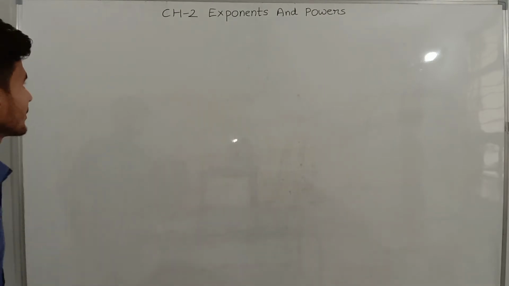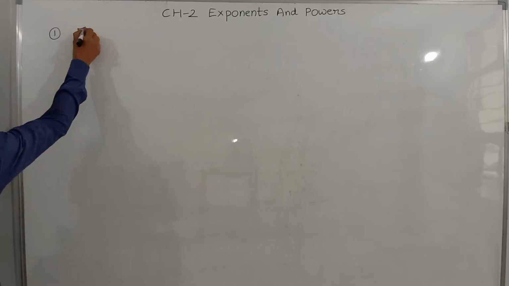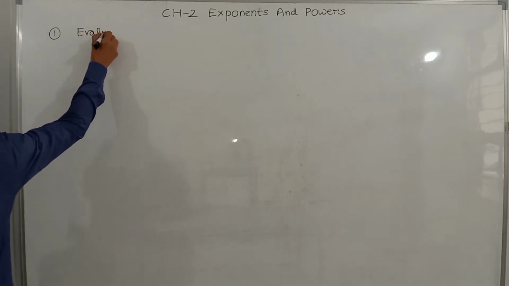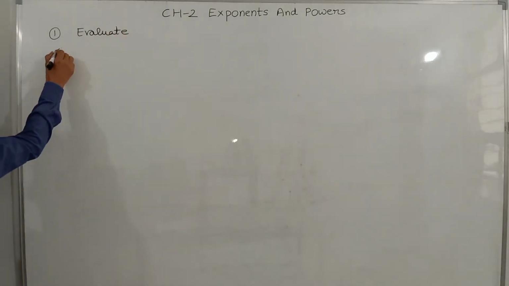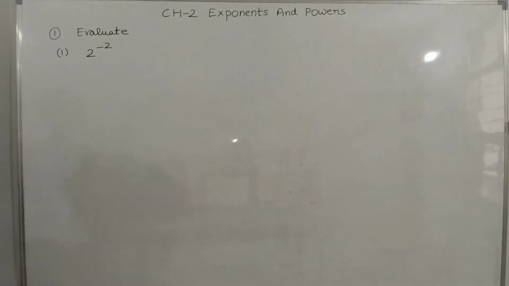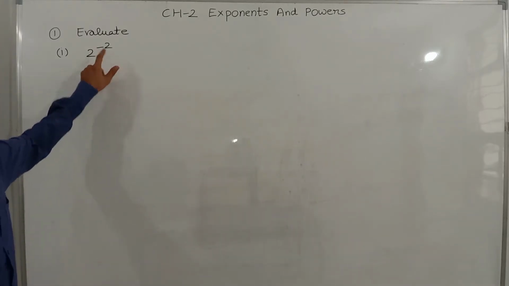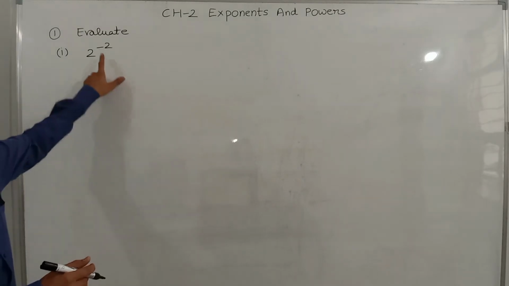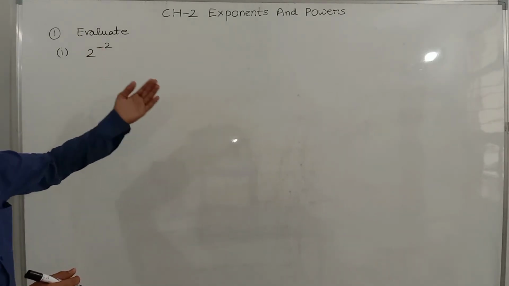Now we can start sum number 1. Find the value of the following. First part. Have you completed all the rules? See here, the power is negative and we have to make it positive.